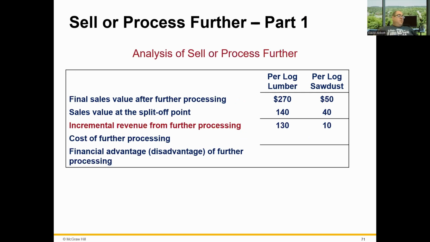So assume the following facts with respect to Sawmill Inc. Sawmill has two joint products, lumber and sawdust. Selected financial information is shown for each joint product.